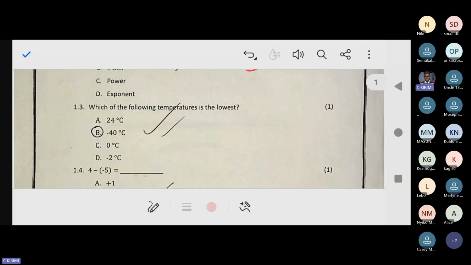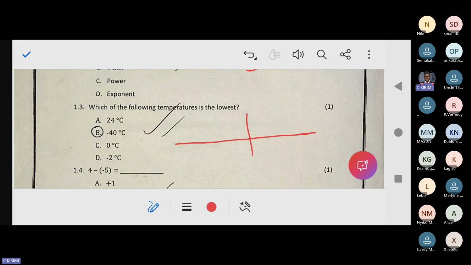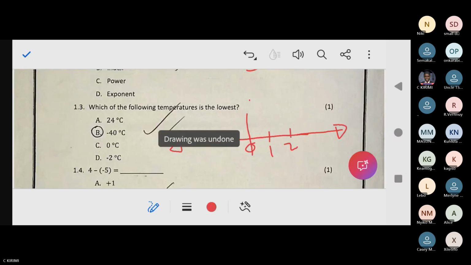Which of the following temperatures is the lowest? For the lowest temperature, you always take the negative one. I showed you the number line in class: when you are placing your integers, you always start from 0, then positive integers 1, 2, 3, up to infinity, then on the negative side, negative 1, negative 2, negative 3.